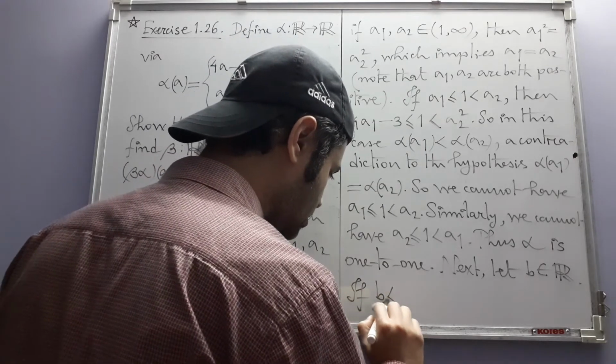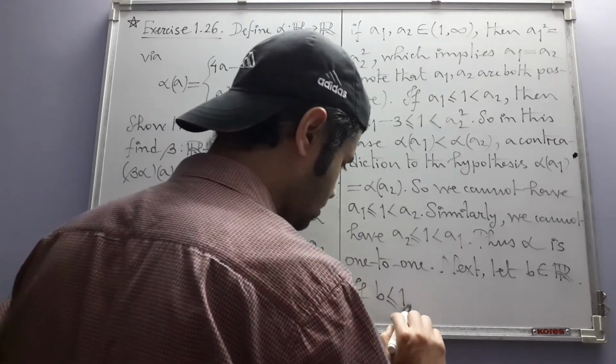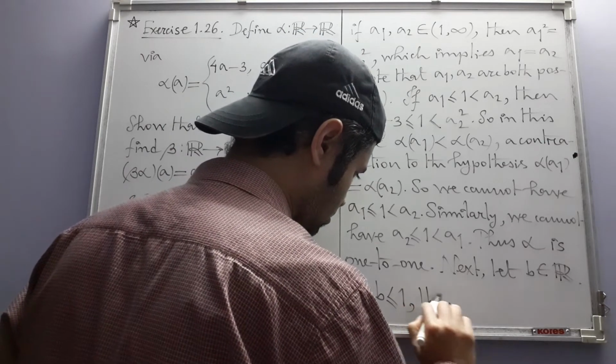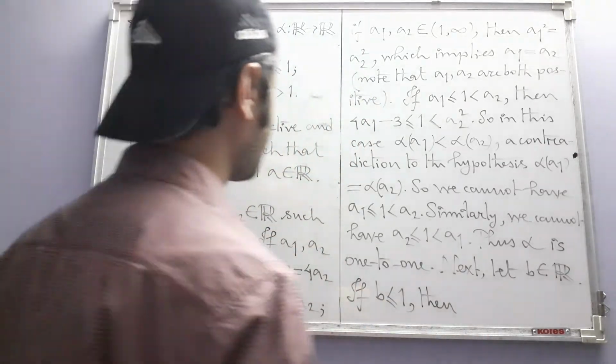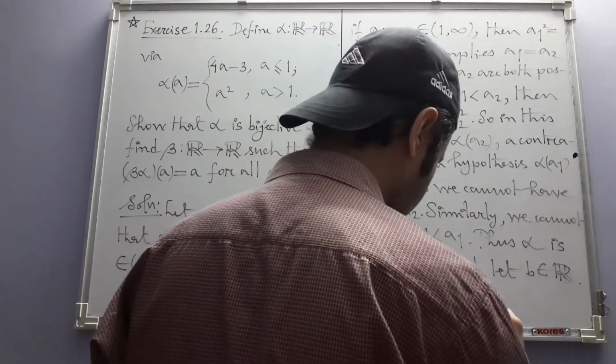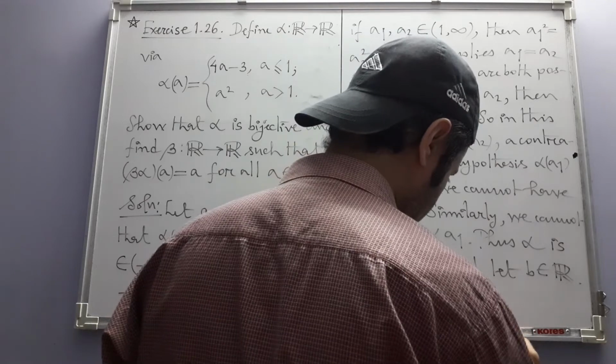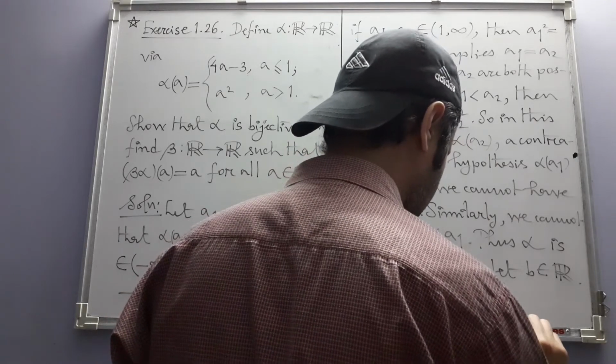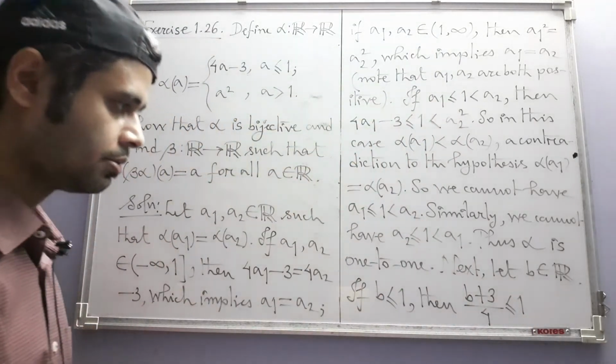If B is less than or equal to 1, then (B plus 3) divided by 4 is also less than or equal to 1.